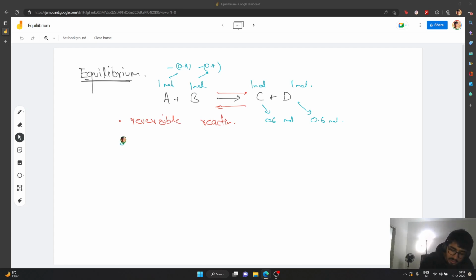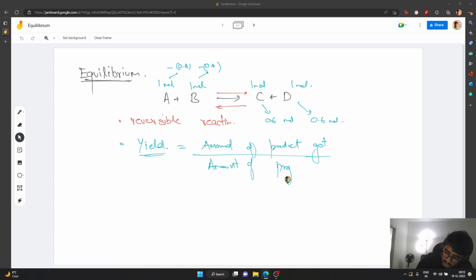So there's a concept called yield. Yield is a percentage: the amount of product, which can be C or D, that you have gotten, divided by the amount of product expected, multiplied by 100%. In the example we discussed, the yield was 60%, because 0.6 was formed when we expected 1, which in percentage terms is 60%.